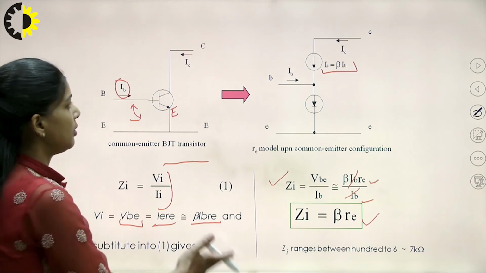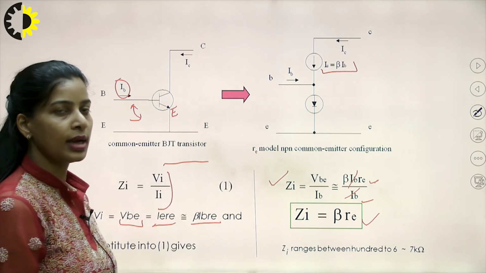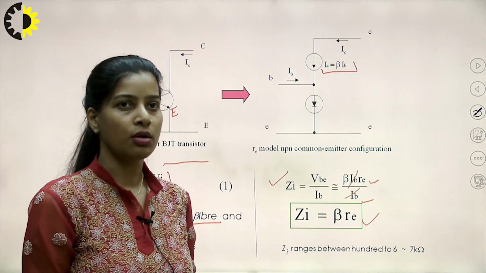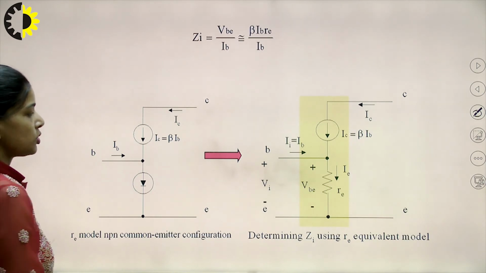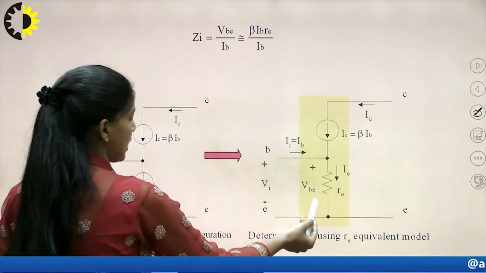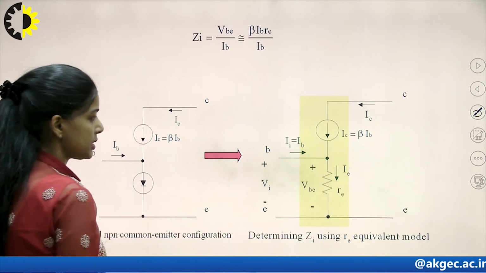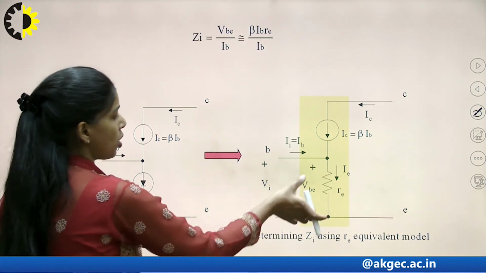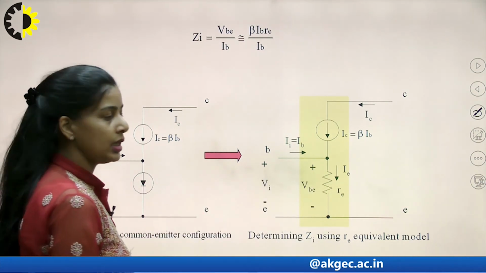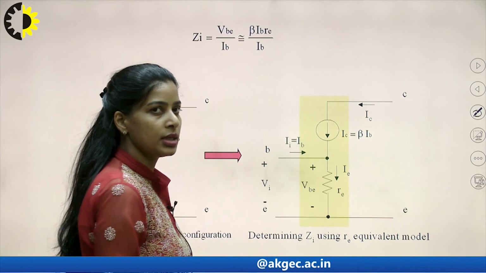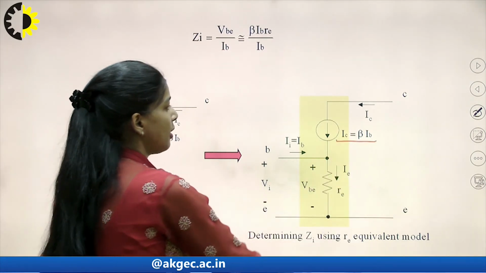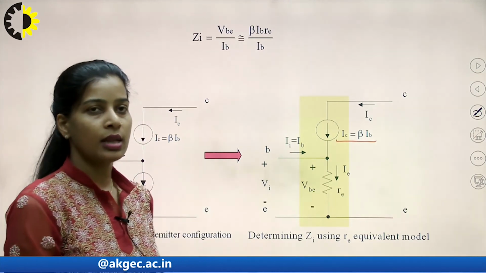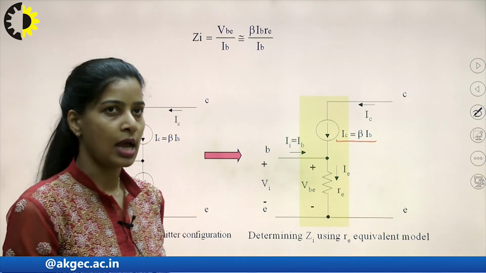So we can redraw this circuit to get the re equivalent model for common emitter configuration. So here, that diode has been replaced by this resistance re, across which the voltage is VBE and the current flowing through is IE, and at the output side we have the current IC, that is beta times IB.